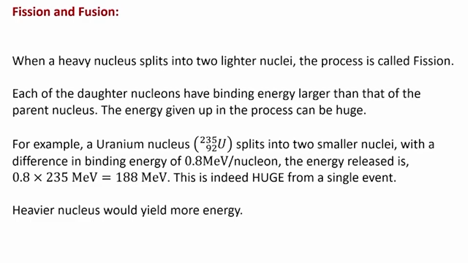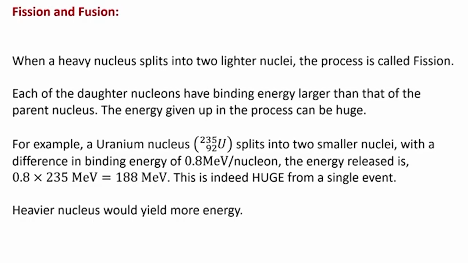I'm just telling you about this parent and daughter, because this one nucleus, maybe moderate or heavy, splits into two lighter nuclei. The lighter ones are called daughter, and the heavy one, which was initially there, is called the parent one. So what can happen is that the energy given up in the process can be very large.